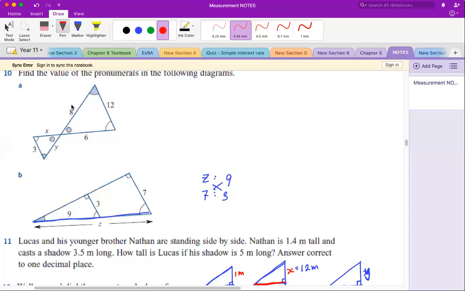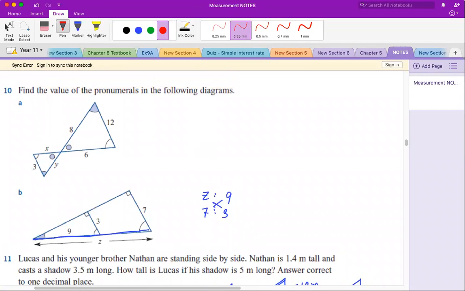There are obviously two similar triangles, first of all. Can I try it? Yeah, try first. Is it 3 to 12? Okay, so 3 to 12. And then x to 6. X to 6, very good. And then cross multiply, right?